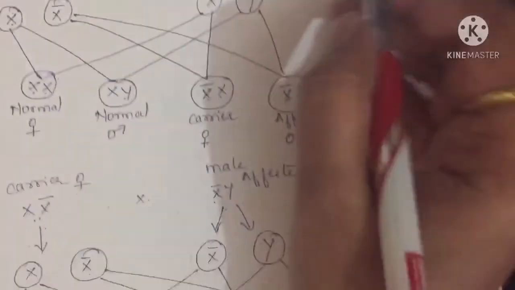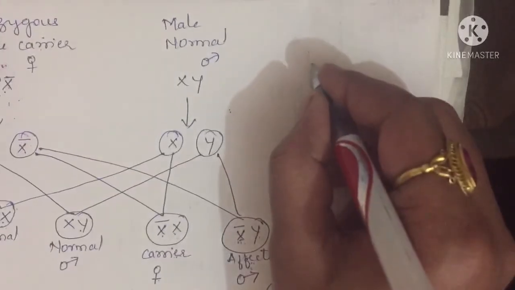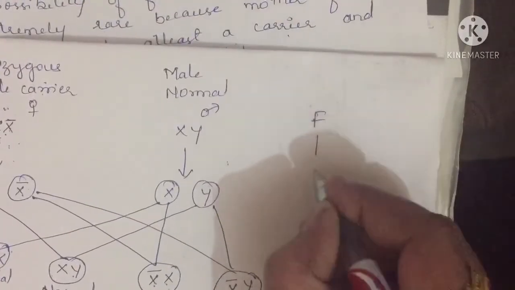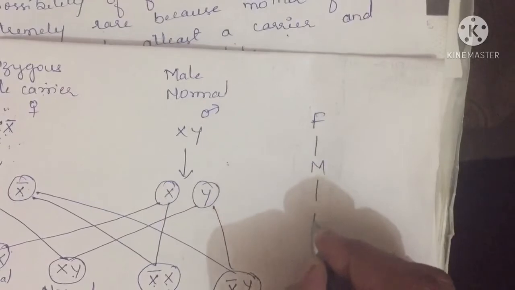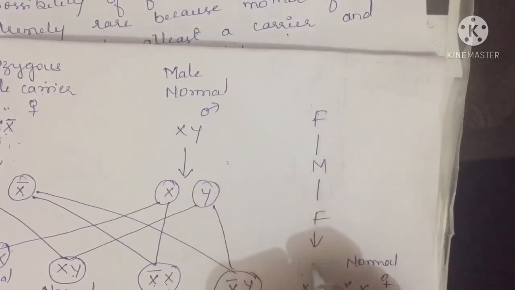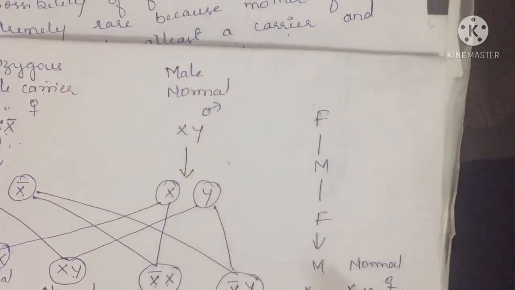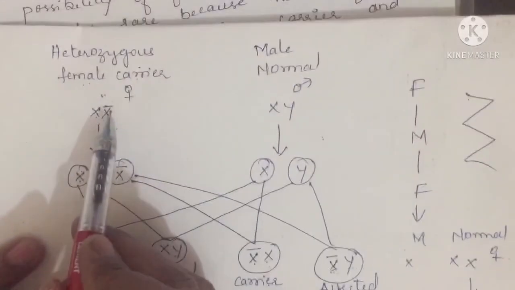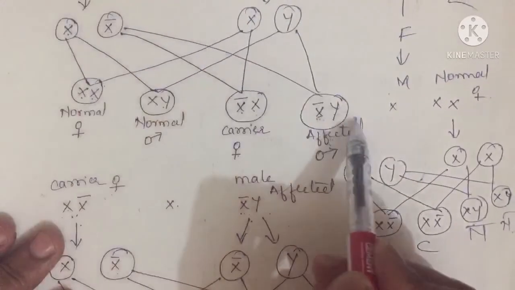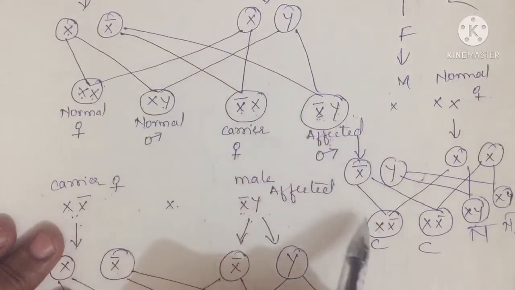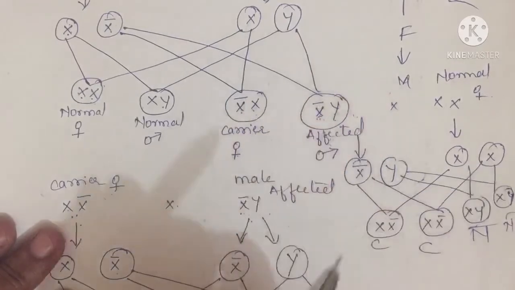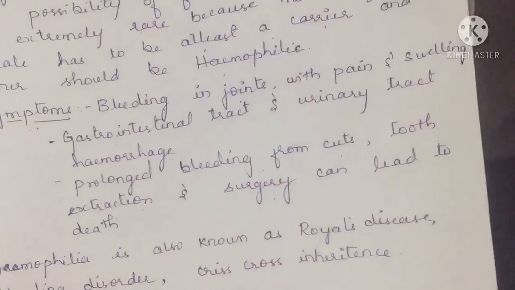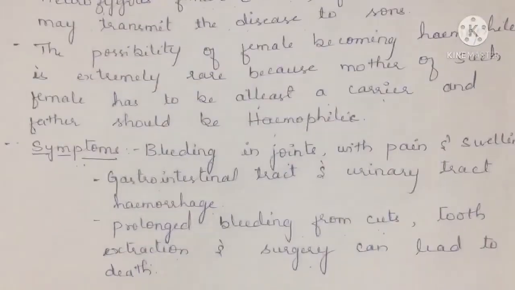You can find the zigzag: from female to male, male to female, then female to male. It goes on in this direction. That's why it's called crisscross inheritance.